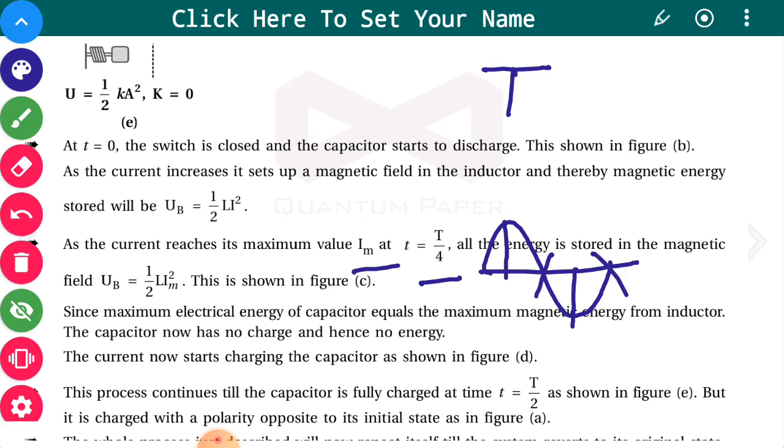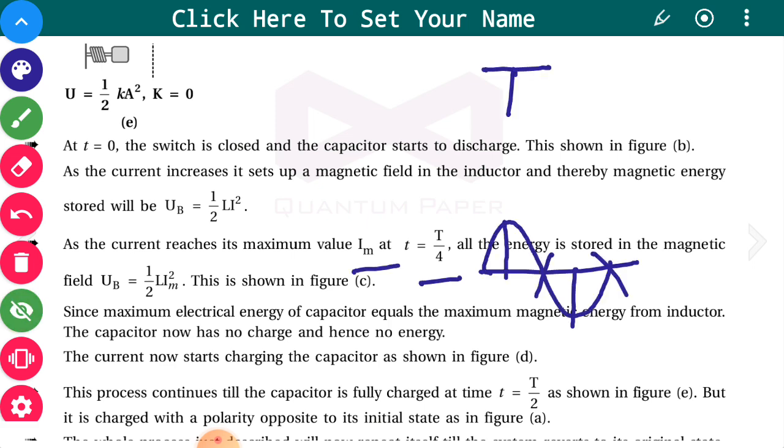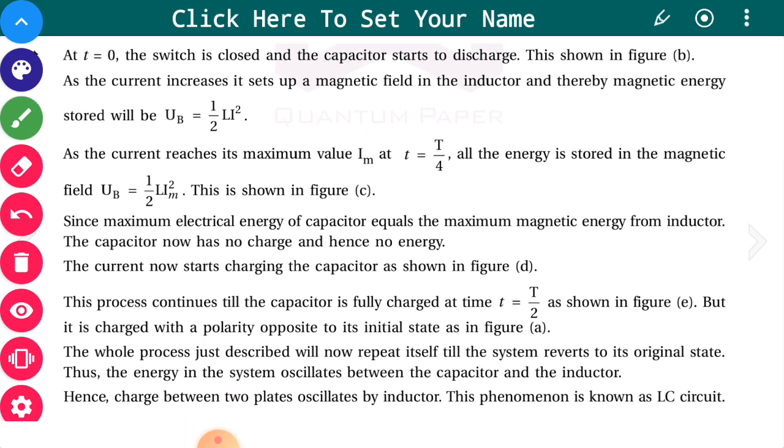So totally this oscillation takes place in a time interval of capital T. Whenever the current becomes maximum, energy associated with the inductor is maximum, and whenever the current is minimum, the energy associated with the capacitor becomes maximum.